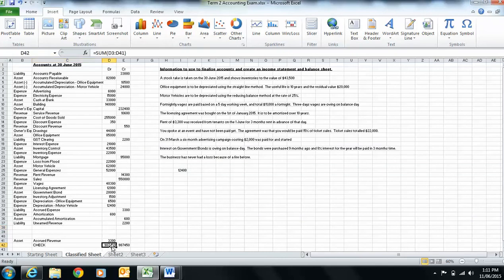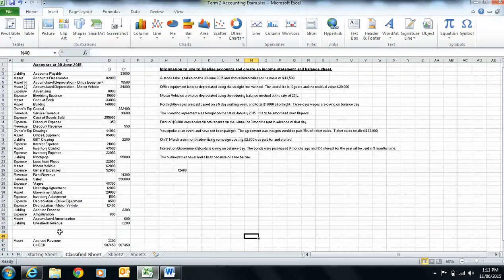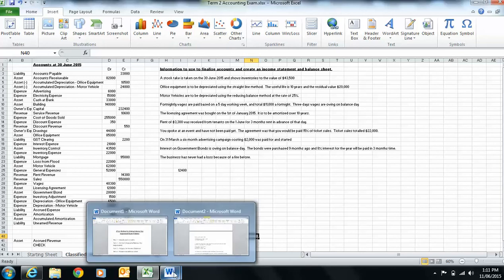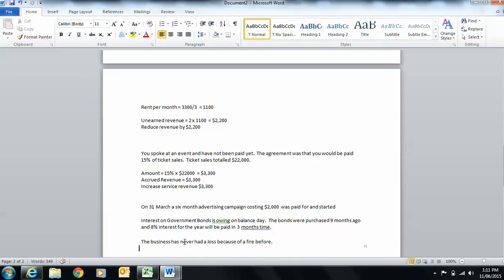Okay, and making sure our sum comes all the way down there, which it does, that's right. It doesn't matter that accrued revenue's gone down there, there's no particular order at this stage as long as we don't forget about it at the bottom. Okay, that was our accrued revenue.